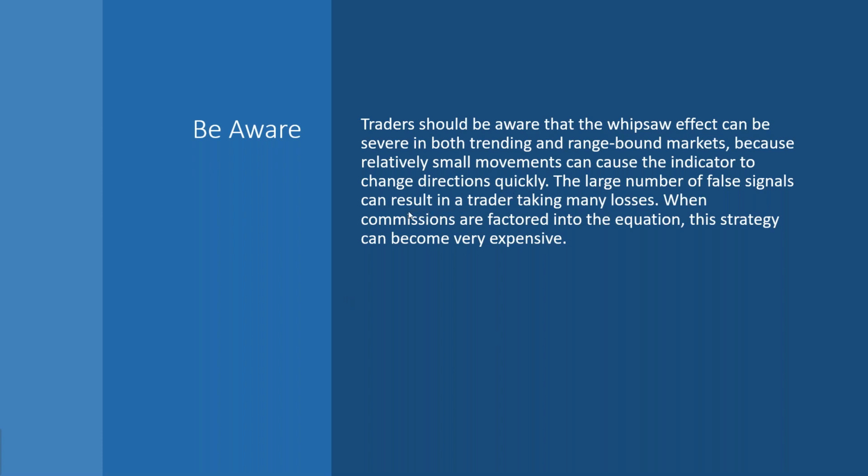The large number of false signals can result in a trader taking many losses. So when commissions are factored into the equation, the strategy can become very expensive. That's why you should only use it as an indicator of a buy or sell opportunity, and then you should be applying other pieces of information.